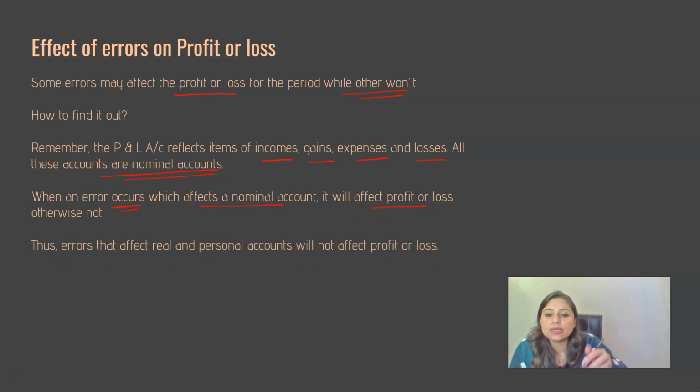And the errors that will affect the real and personal accounts. So like I said, real and personal accounts means owner's equity, capital accounts, etc. And here real means assets and liabilities accounts. So the errors related to such accounts will not affect the profit or loss.